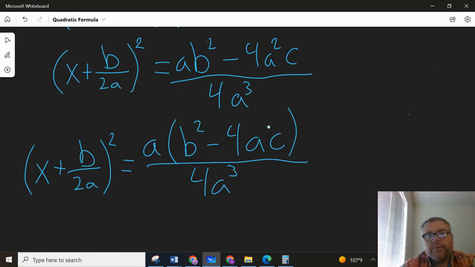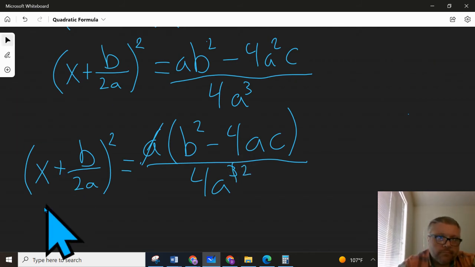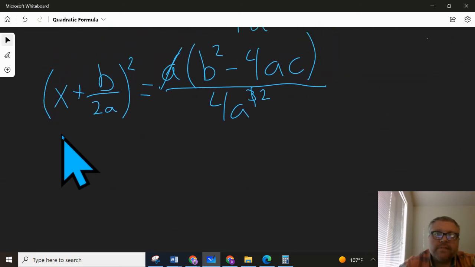The reason I would do that is because I can cancel this a. I have three a's on the bottom and one a on the top, so I can start crossing stuff out now. This a is going to reduce with one of these a's, so that's now a 2.